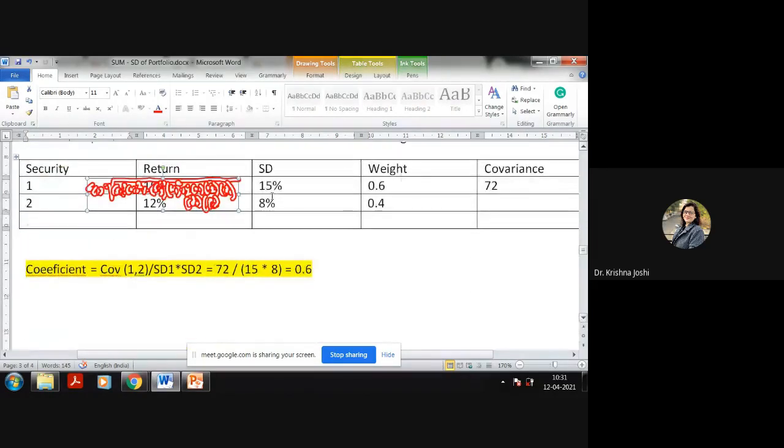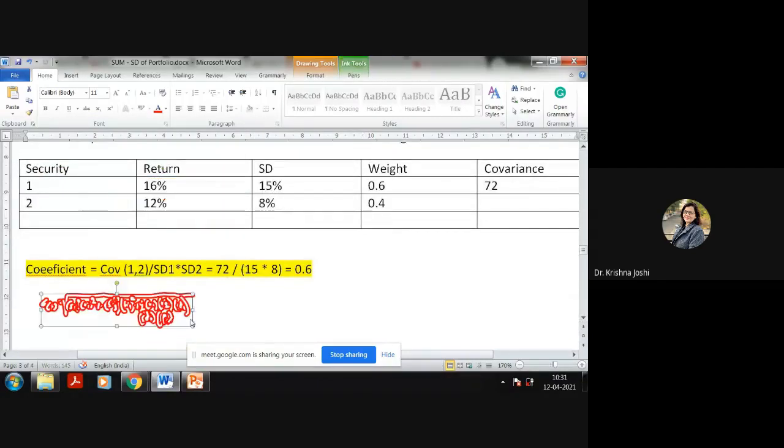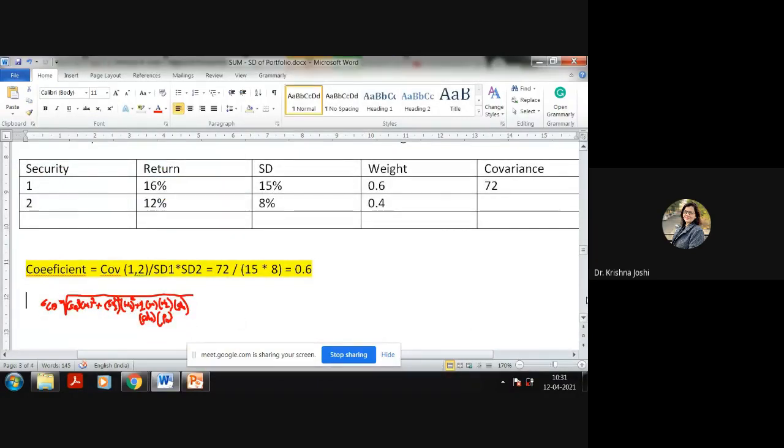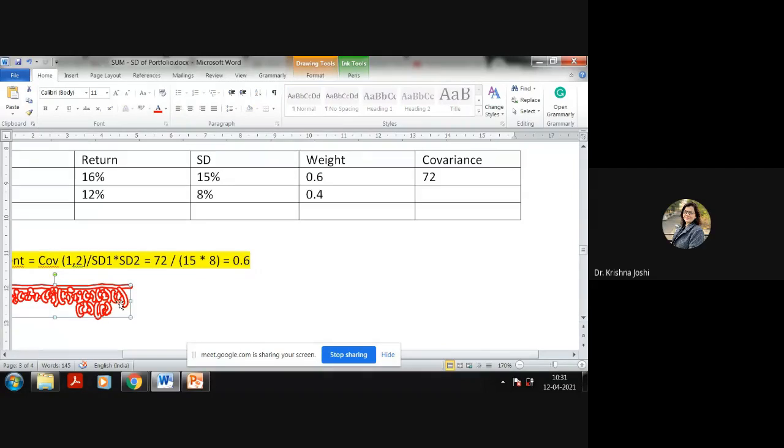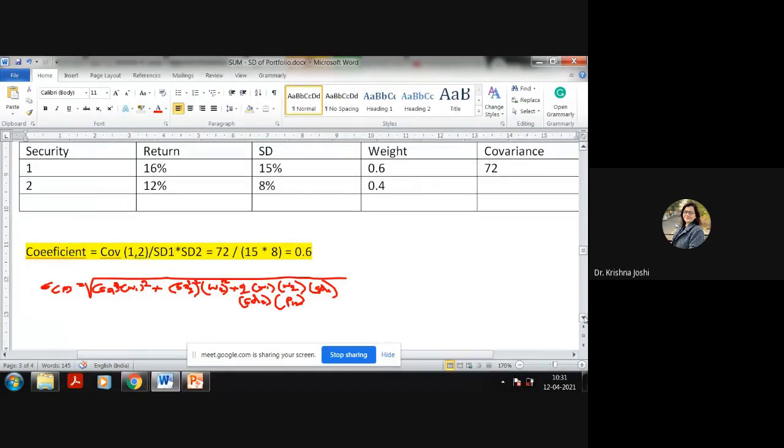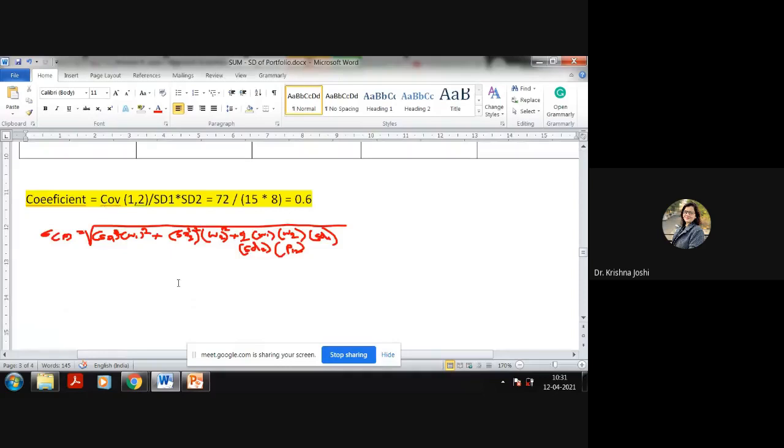It will take a few minutes. Okay, so now we have the formula. Now can we write the figures?